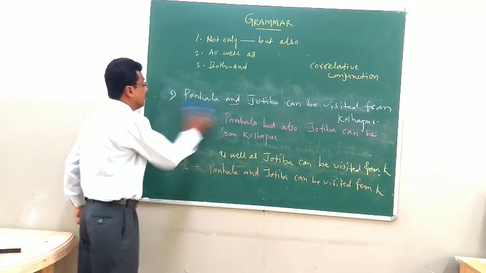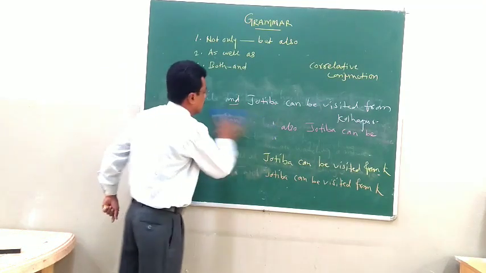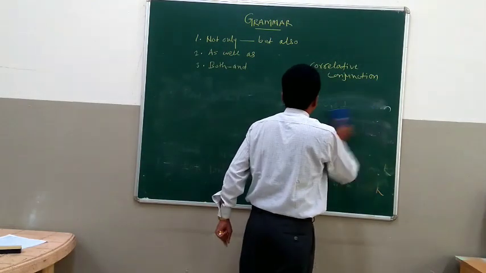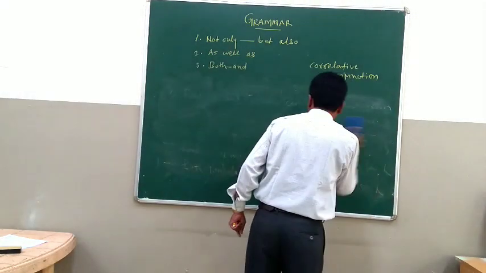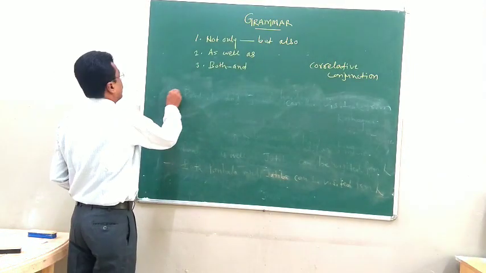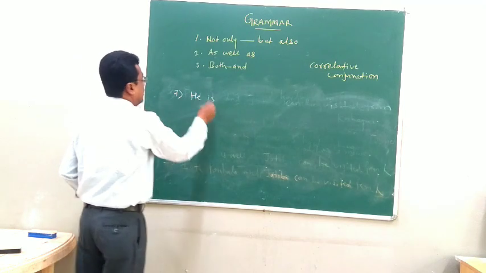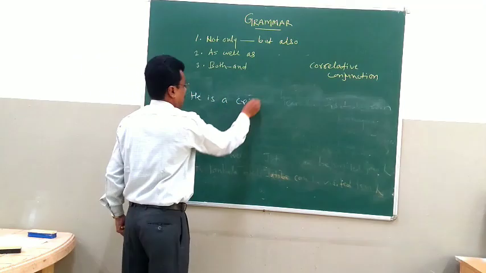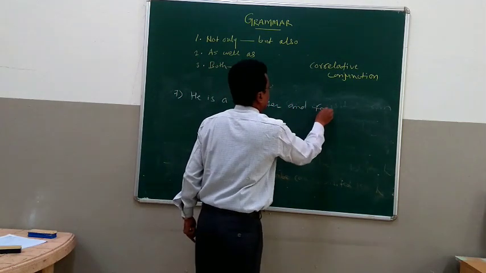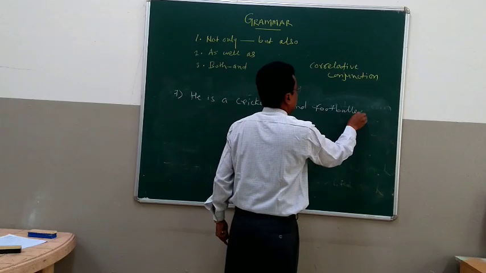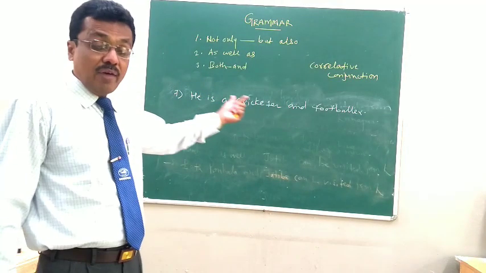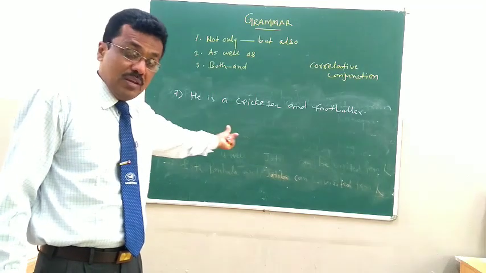One more example we will see so that you will understand it very lucidly. For example, he is a cricketer and footballer. Now you have to identify how you are going to use not only but also.